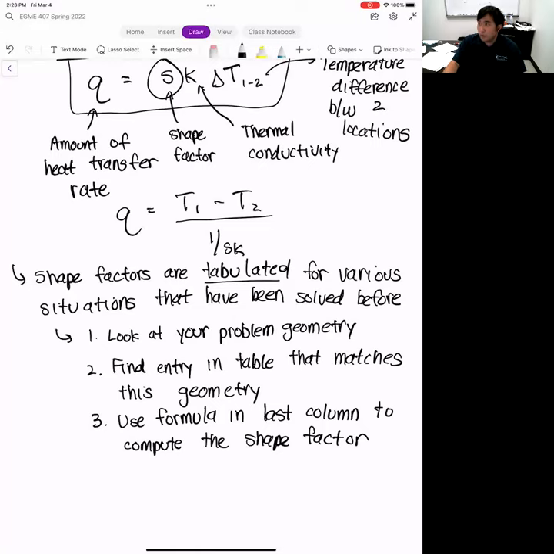Okay. For the exam, I know that's the thing that's on everyone's mind. The exam, I don't expect you to know this table or to write it down in your sheet of notes, because the exam is closed book, but I do allow you a sheet of notes. Okay. And so if I do give you a 2D problem, I will give you the formula for the shape factor. And so you can kind of skip steps 1 and 2, and then you just basically plug in for step 3 right there.